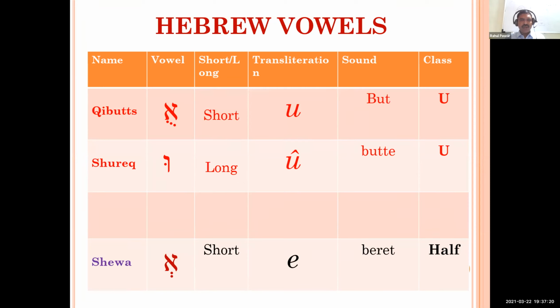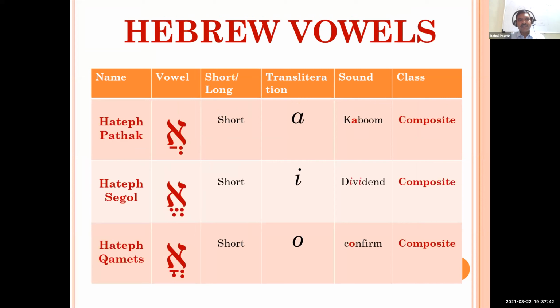And Shurek we have learned. It is a dot in a Vav. So it is a long vowel in beauty. And about Shva, it is two dots we put under the consonant. It can be vocal or it can be silent. And that rule we are going to learn in chapter 3.